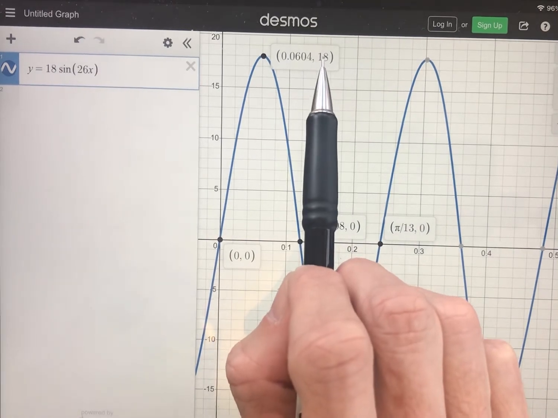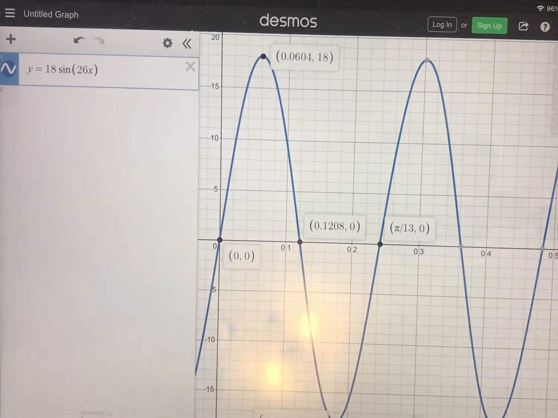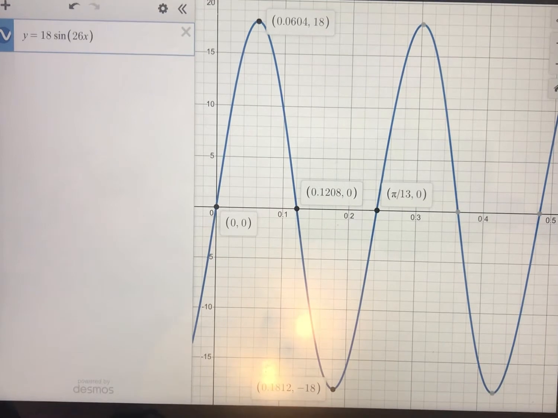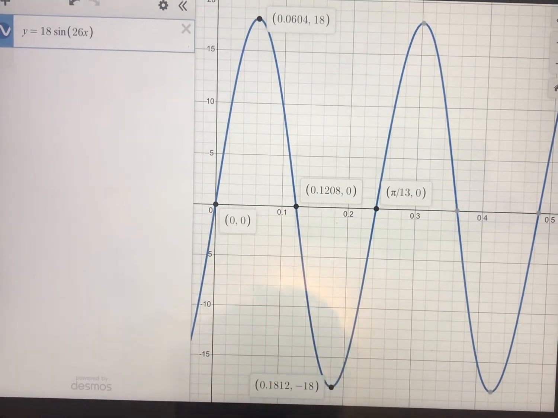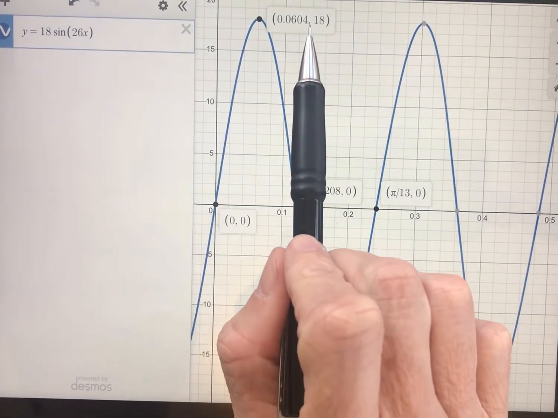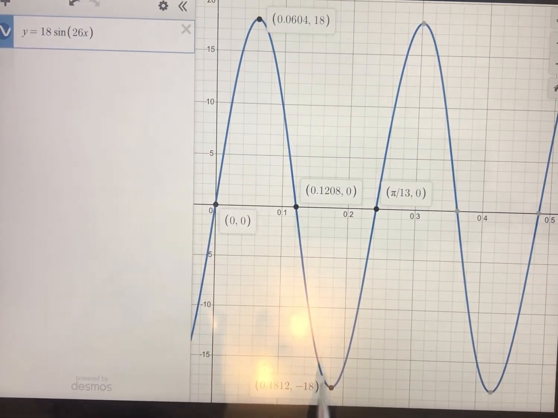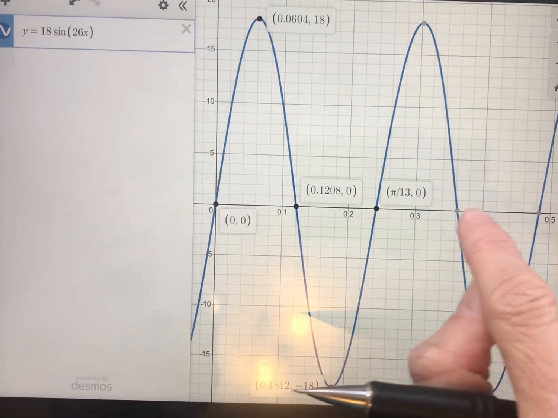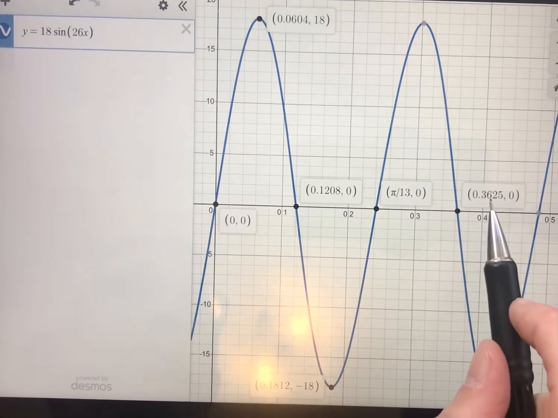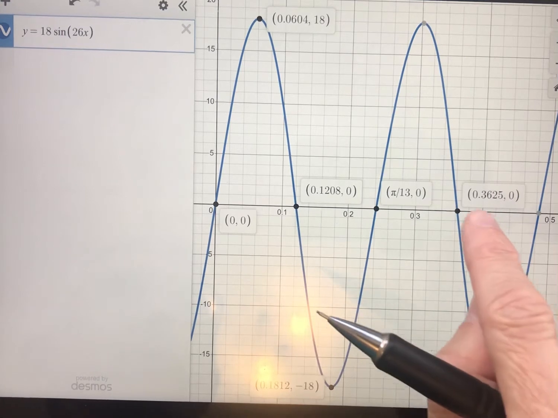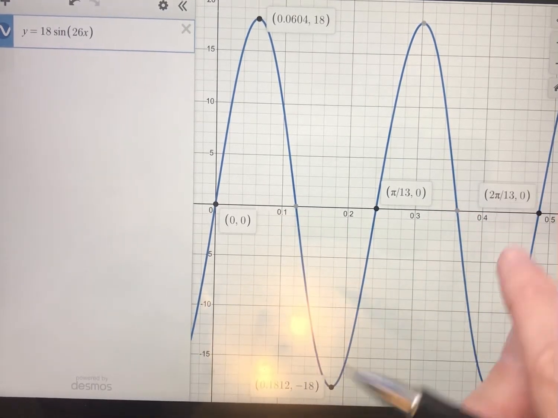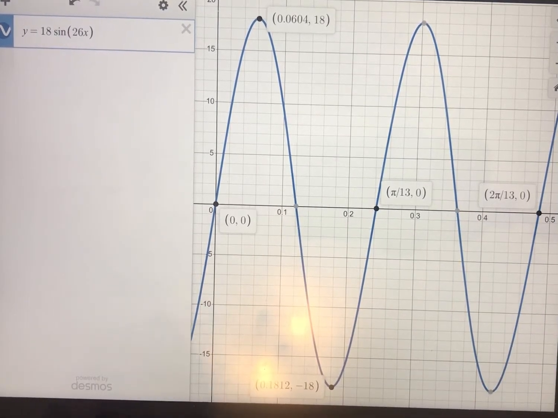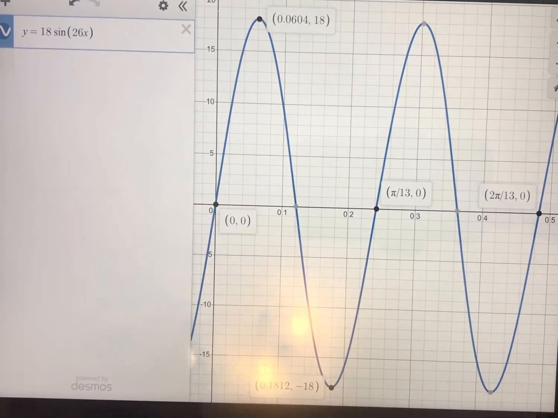And we can see our maximum of 18 up here and our minimum of negative 18 down here, which is a little bit off the screen. Then there is the 2 pi over 13 for the second cycle, two cycles of that function. There you have it in Desmos.